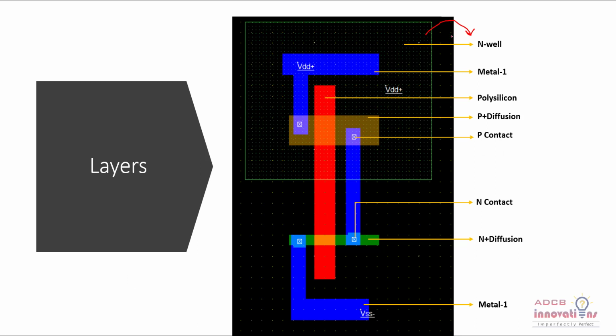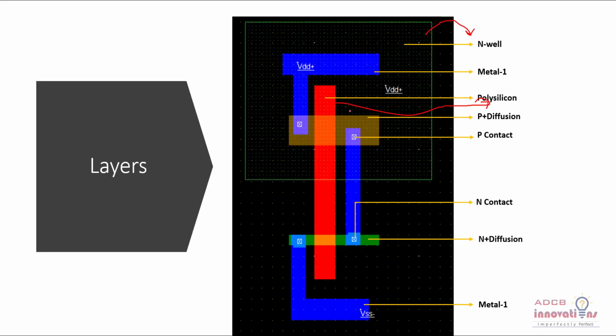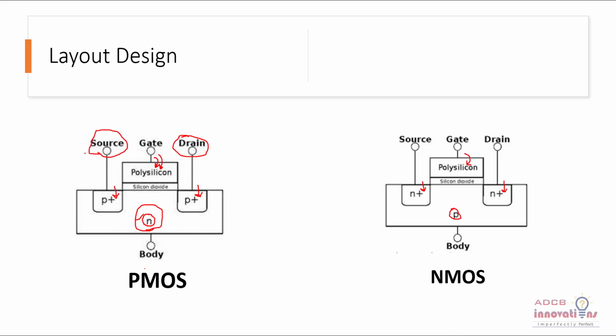And this red thing is the polysilicon, which is the gate input. The gate is actually made of polysilicon, so this is the polysilicon gate layer. Now this brown layer is the P plus diffusion. Both the source and the drain are connected to this P plus diffusion, and the P plus diffusion is on the N-well.